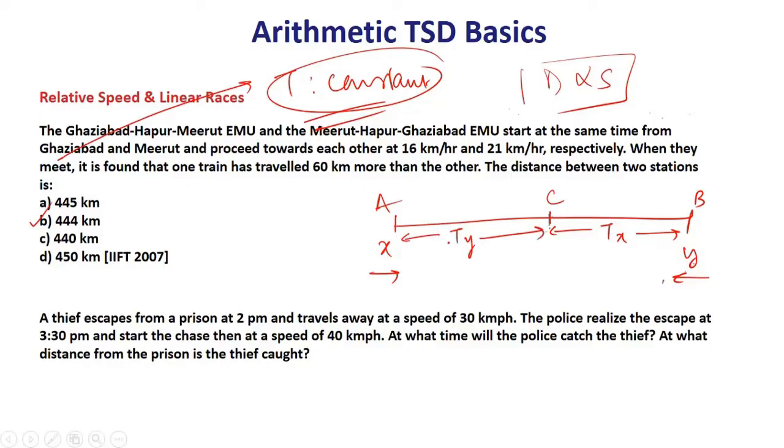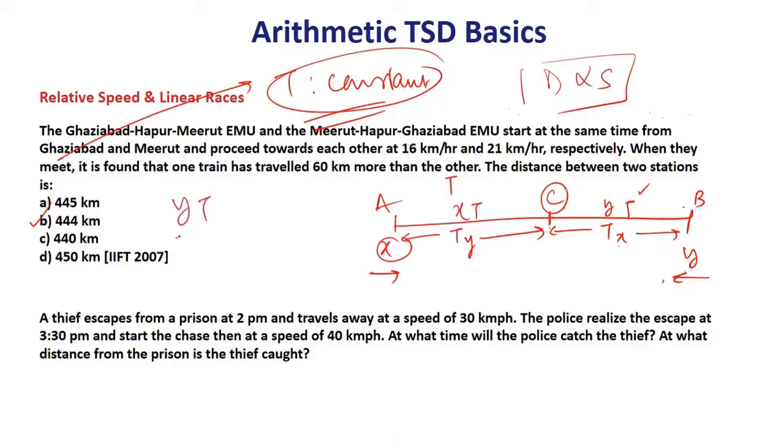In this case, what will happen? Initially, when they meet at C, let us say that they take time t. So the distance AC will become x into t and the distance BC will become y into t. Now the first person, traveling from A, will cover the distance yt in Tx time, covering the distance yt with his speed x.